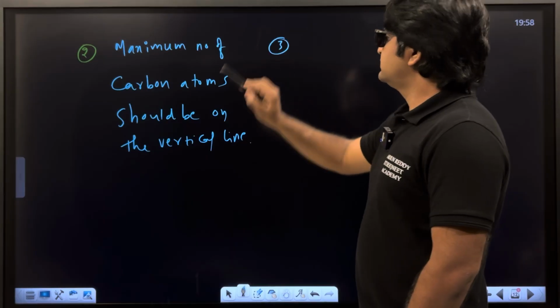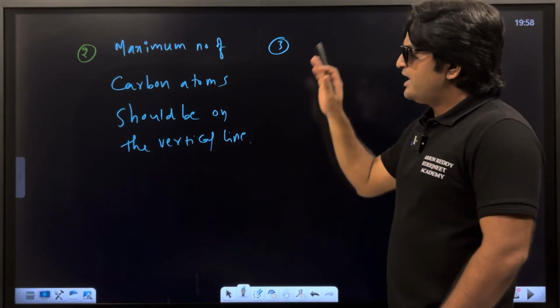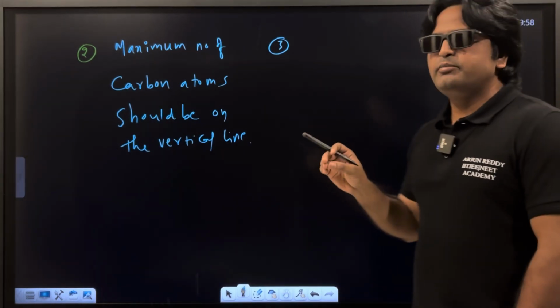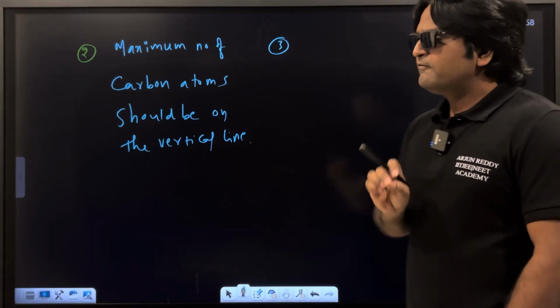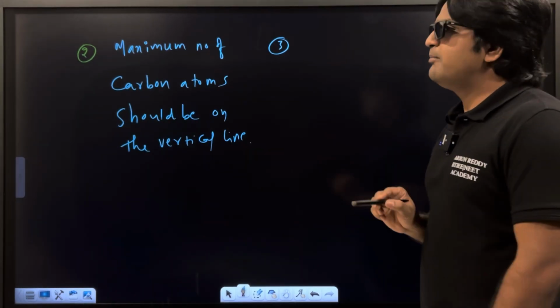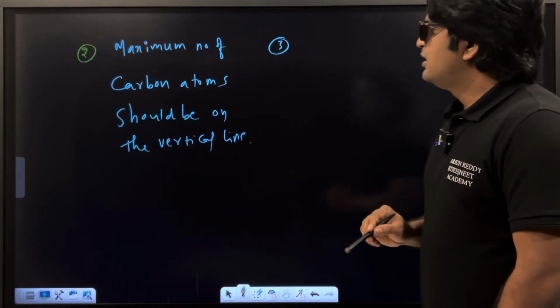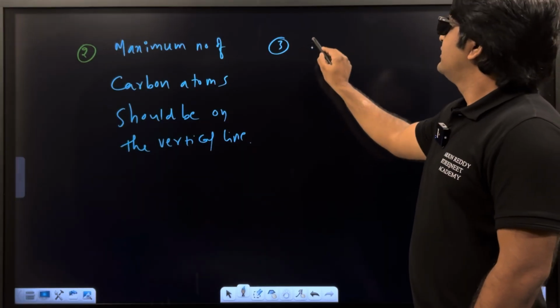And what is the third important point? We keep the maximum number of carbon atoms on the vertical line, right? For example, if there is a competition between two groups, this point is very important.